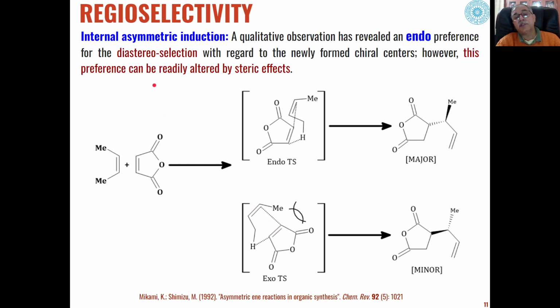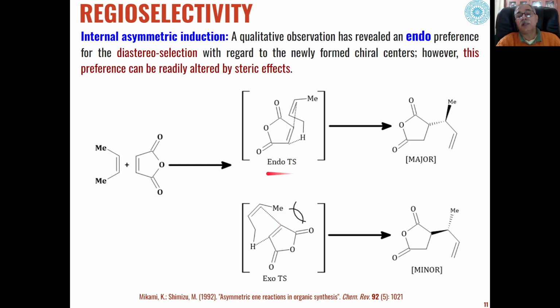Then the ene reactions can also lead to the formation of asymmetric products. So if we react these alkenes with maleic anhydride, then there is a possibility of formation of products in two ways.